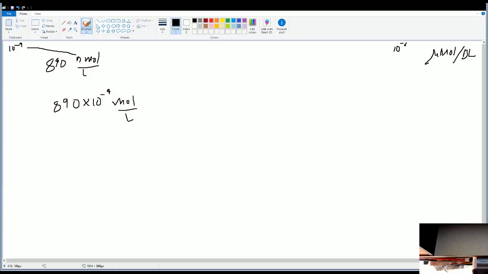And now because you want to get to micro instead of nano, because nano is smaller than micro, going from nano to micro you have a smaller amount of something being a part of a bigger thing, so it's going to be smaller.